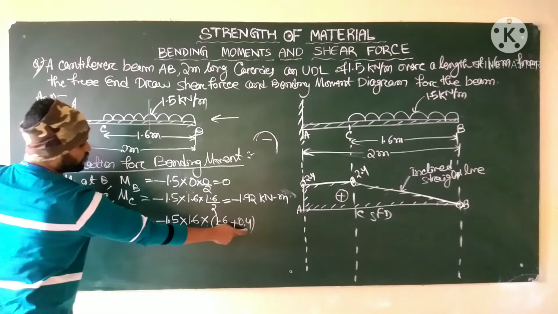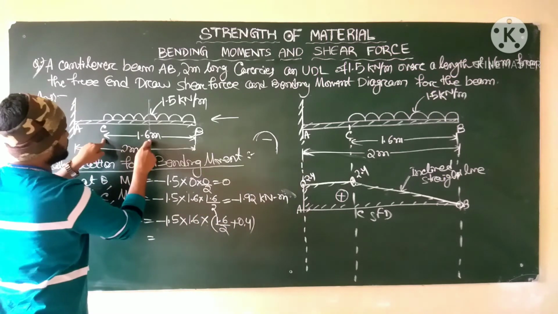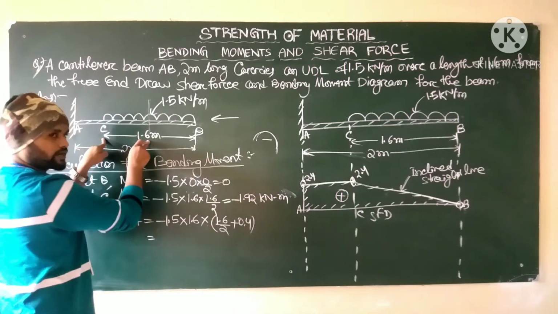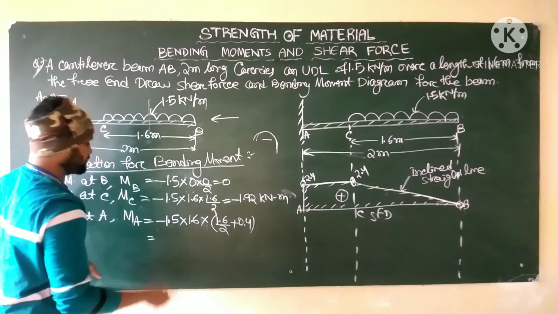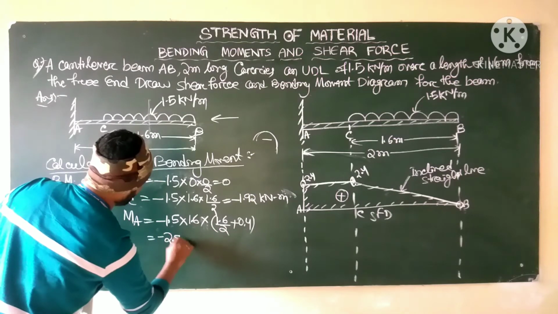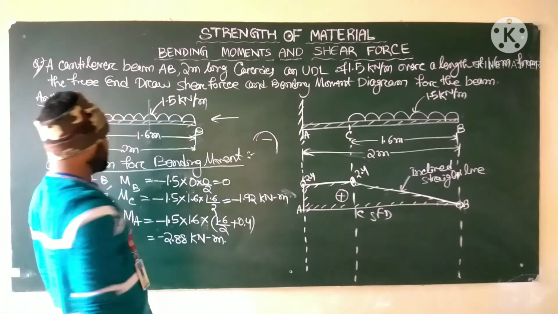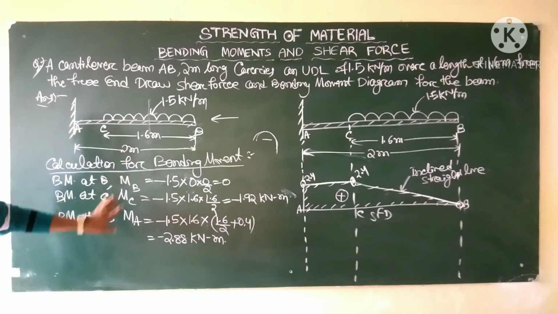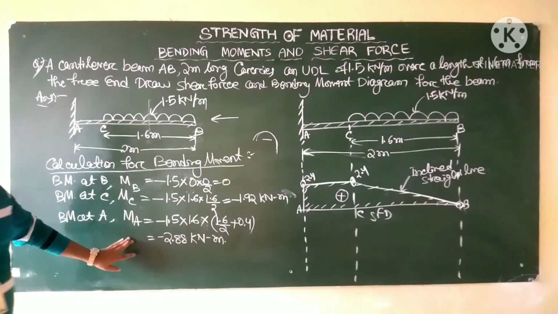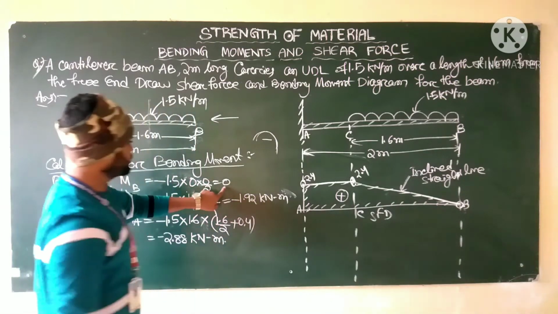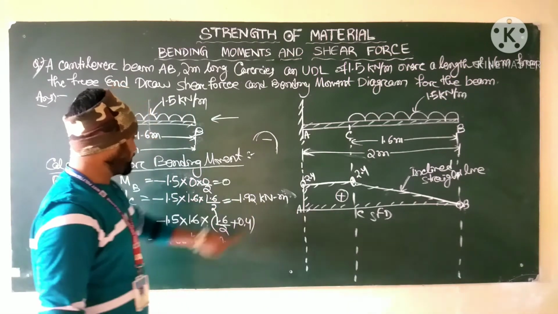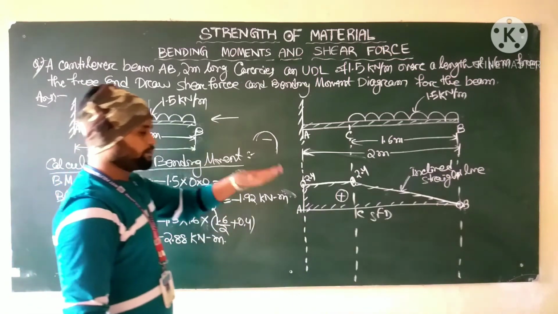How much? 0.4. And from C to the middle, how much? 1.6 by 2. So this will be added. Minus 2.88 kilonewton meter. So we are calculating the moments at 3 points. So first one is 0, second one is minus 1.92, third one minus 2.88. So below the baseline.